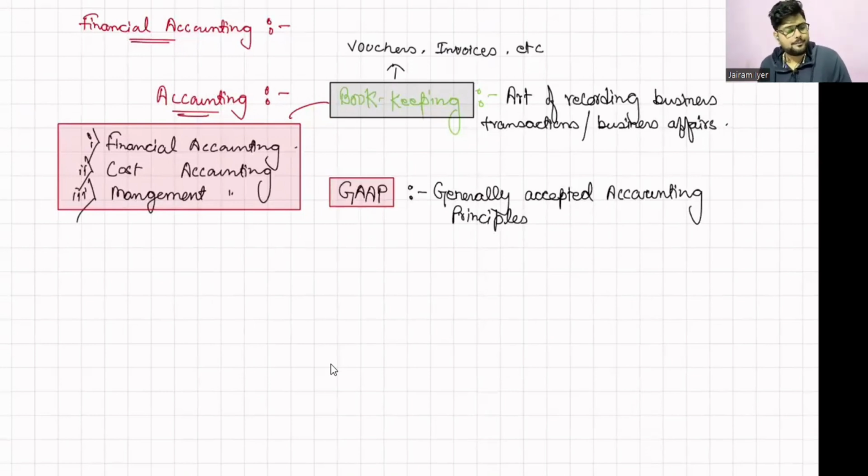But what I mean to say is, understand how accounting even starts, means from where it is born. So if I'm a business entity, if today I have bought something, if today I have sold something, definitely I would have issued or received vouchers, invoices, bills, anything.